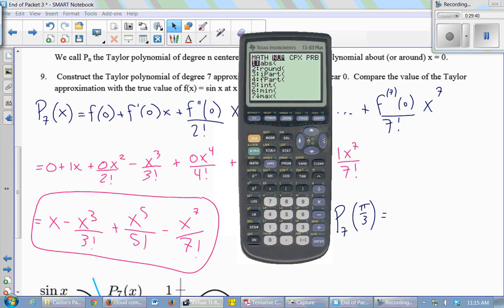I don't know 7 factorial off the top of my head, so I'm going to put factorial. So that's my 7th degree Taylor polynomial. And then I'm going to do vars, y vars, function y2, and plug in a pi over 3, and I get about 0.866. I get a really, really good approximation.